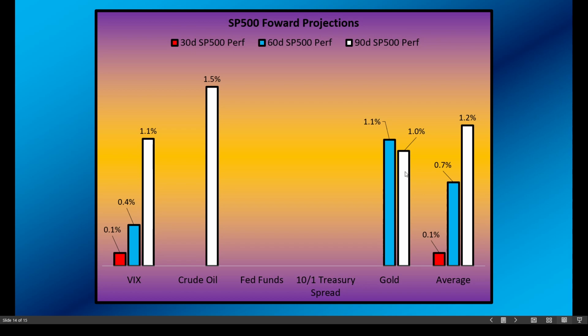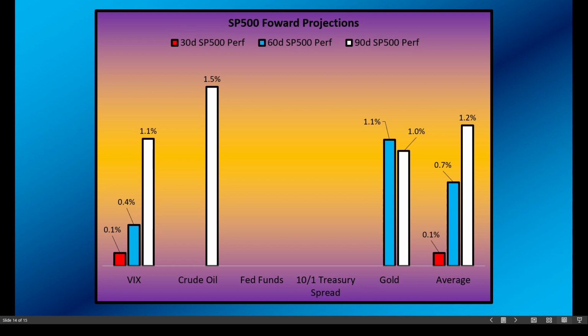And then finally, you take all the averages together, and this is what these indicators indicate. On a 30-day basis, moving forward, 0.1% to the upside for the S&P 500, 60 days, 0.7%, and then 90 days, 1.2%.